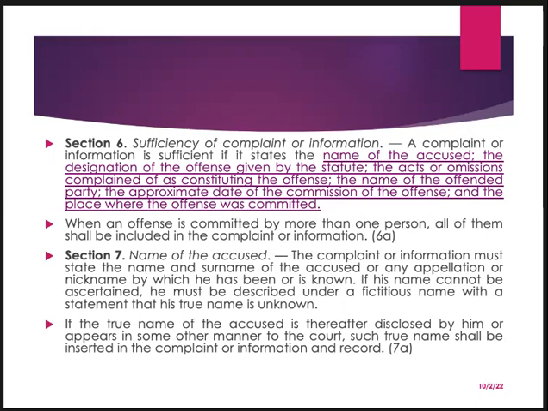It will be a fun activity because after you draft your information, there will be peer feedback. Okay, you will be grouped into several groups, and then you will be tasked to prepare an information, and then the other group you will be crossed group also, and then you will have a peer feedback from the other groups. So that will be an exciting activity. That would be after we discuss Rule 110.